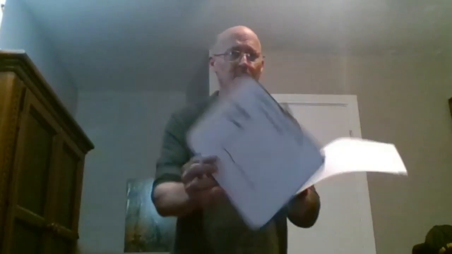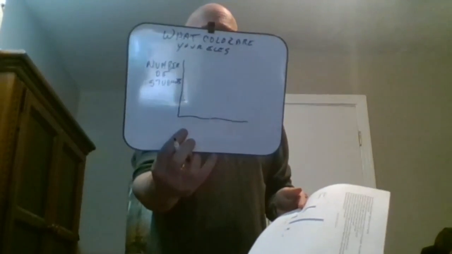Okay, this one side is going to have the number of students. I'm going to put that down. Number of students. And on the bottom of the chart, I'm going to put eye color.